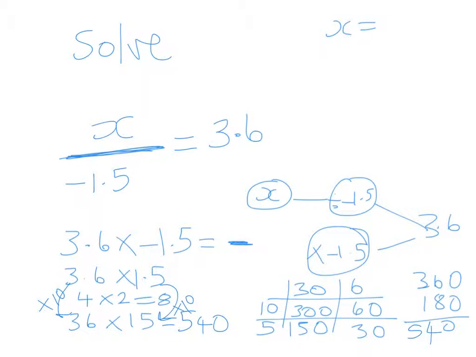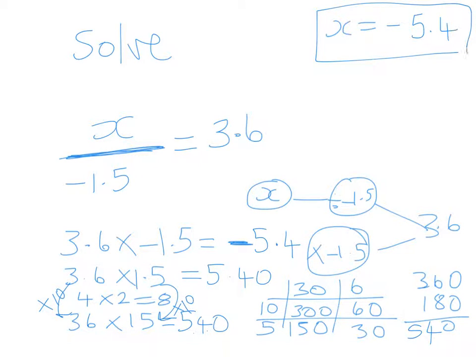So I have to divide by 10 twice, once, twice. 5.4, which is close to 8, so I've got negative 5.4, which means x is negative 5.4. And that is what the challenge looks like. It looks a bit complicated, but it's actually just using all the skills that you're learning about today. Have a go.